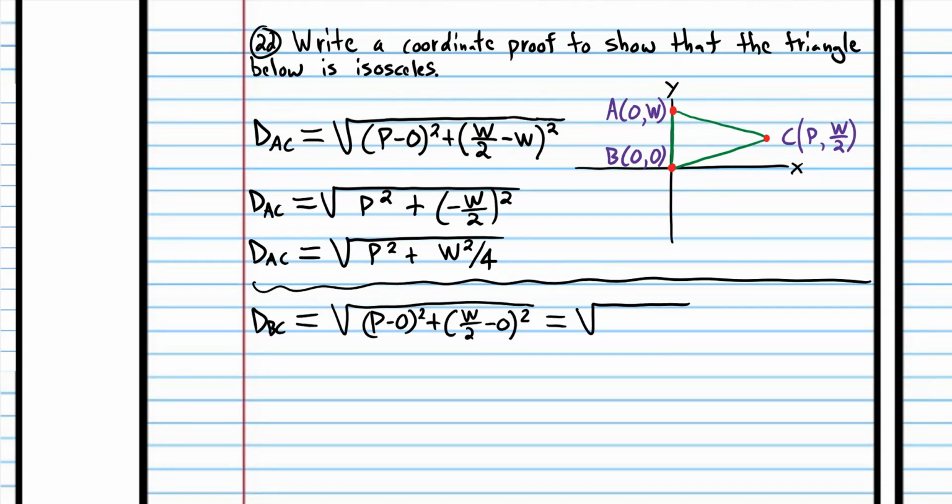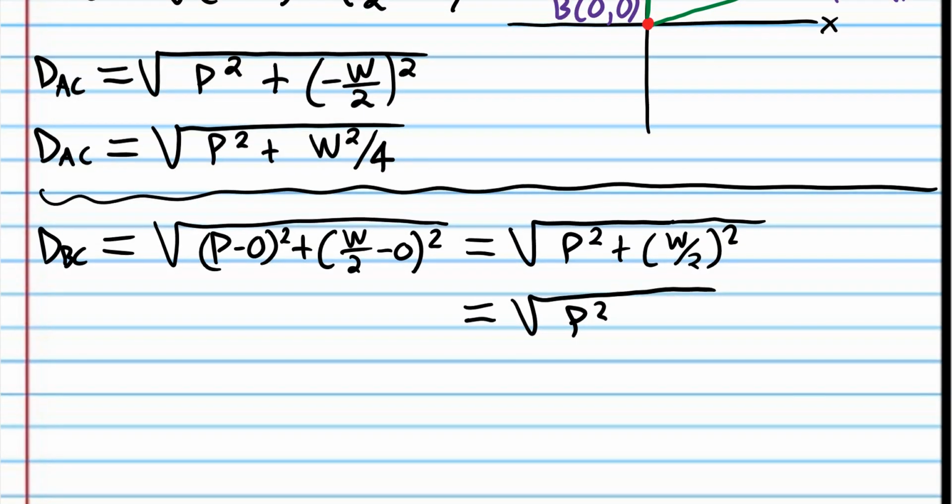So now we have P squared plus W over 2 squared. Now we can just simplify that to P squared, and like I said, W over 2 times W over 2 is just W squared over 4. So W squared over 4.